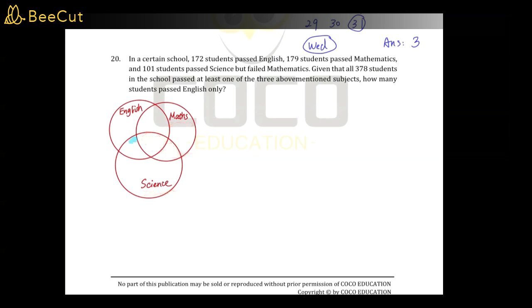So it will be those that are outside the circles. This gives us the 101 students. These are the students who pass science but fail math. This is 101.